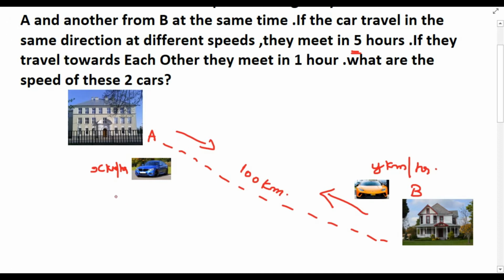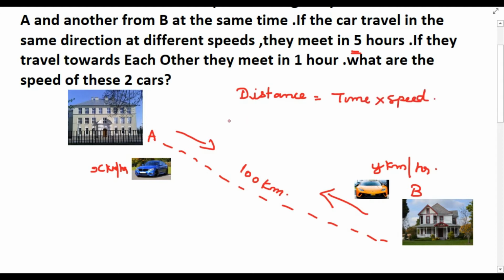Let the speed of the car starting from point A be x, and the speed of the car starting from point B be y. And we know the relation between distance, time and speed: distance is equal to time into speed.